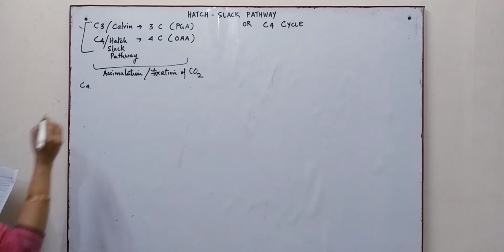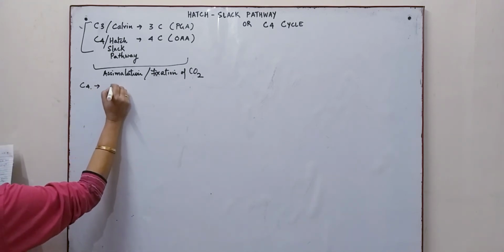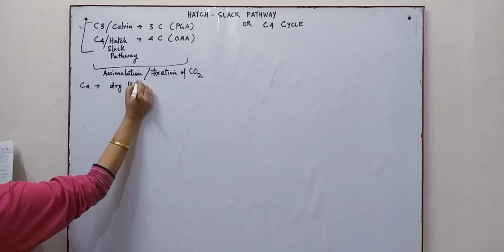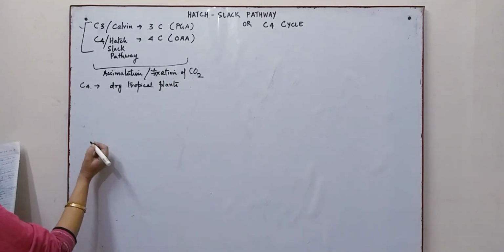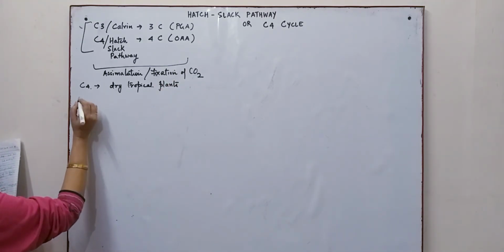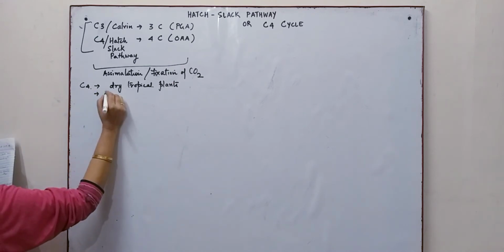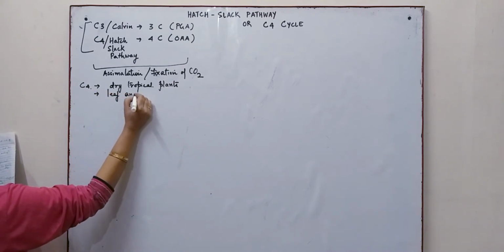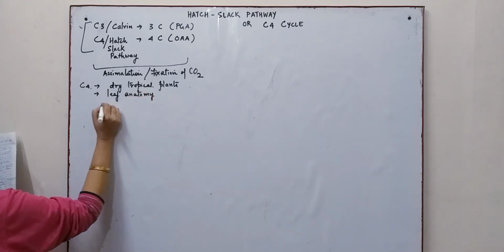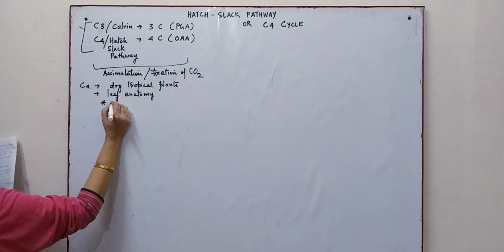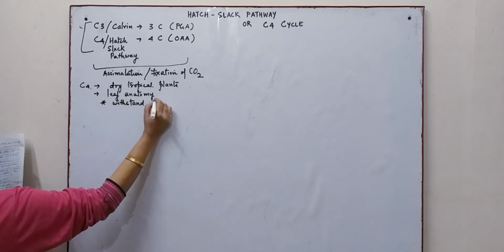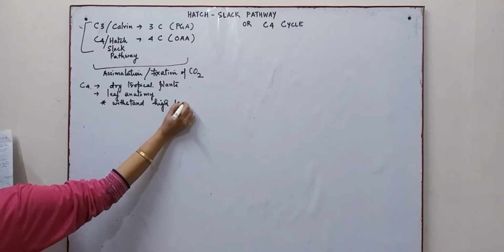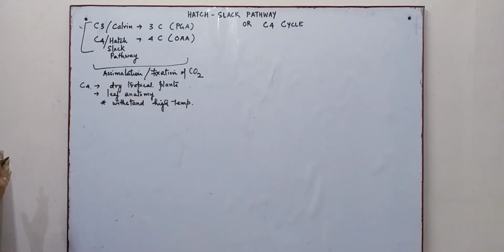C4 plants are found in dry tropical regions or tropical deserts, and they have a special leaf anatomy. It is such that they can withstand high temperature, because the temperature sometimes ranges up to 50 degrees or more.